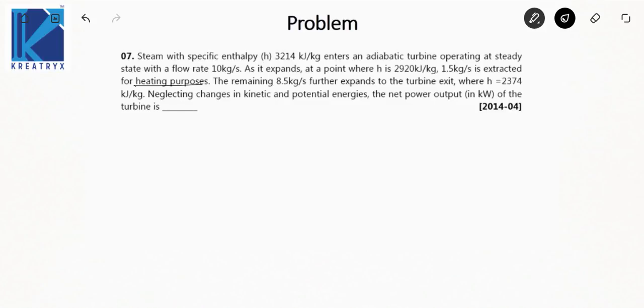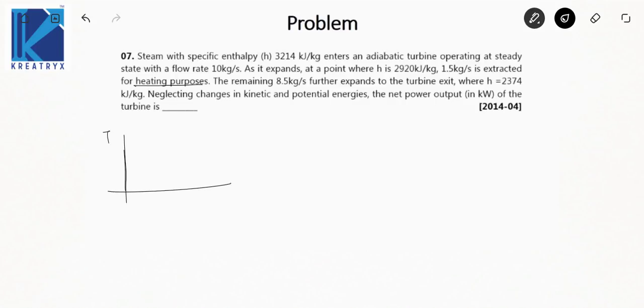The remaining 8.5 kg per second further expands to the turbine exit where H is this. Neglecting changes in kinetic and potential energy, find the net power output of the turbine. It's a very simple question. All the specific enthalpies have been given, and all you have to do is find the net power output.